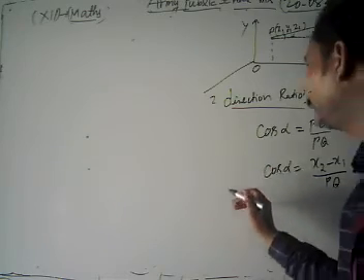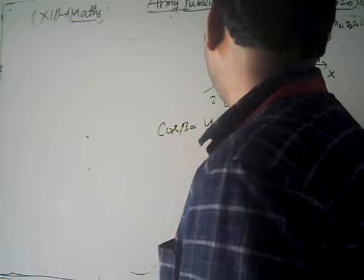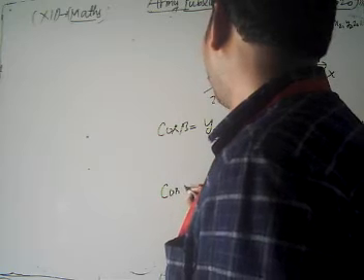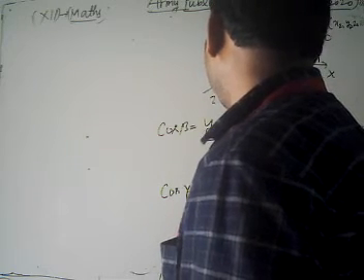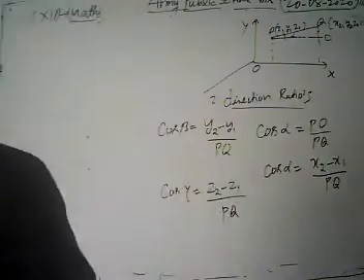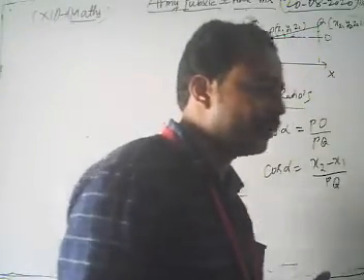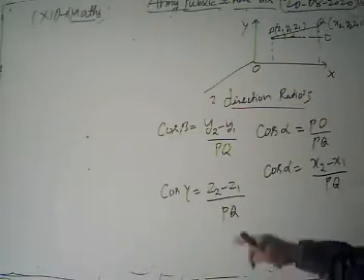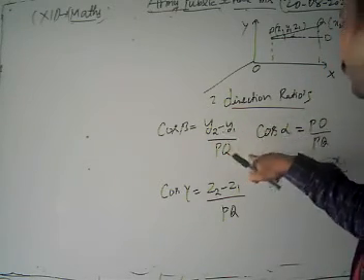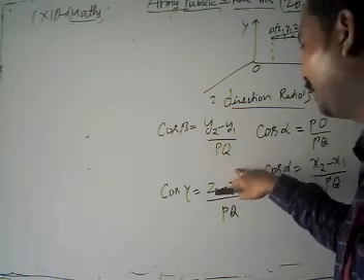Similarly, cos beta is y2 minus y1 upon PQ, and cos gamma is z2 minus z1 upon PQ. When we take the direction cosines of the line PQ as l, m, n, then x2 minus x1 is proportional to l, y2 minus y1 is proportional to m, and z2 minus z1 is proportional to n.